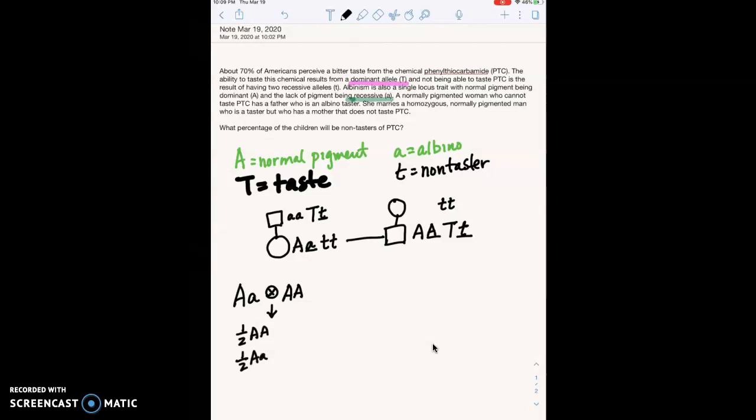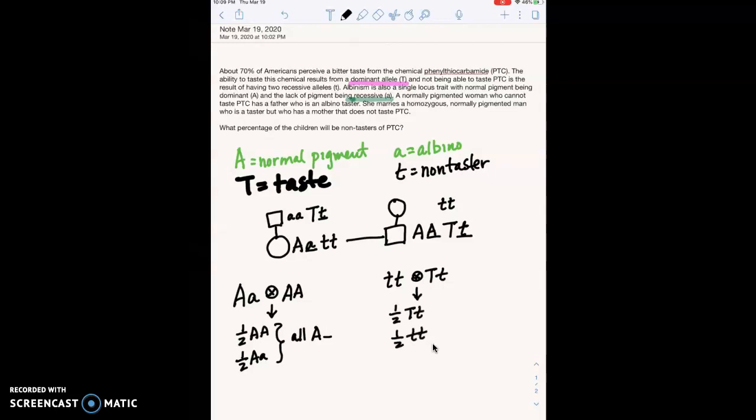But in reality, all of them have pigment. Okay, so I'm just going to say all big A something. All right. And then for the PTC, you have little t, little t times big T, little t. And so then I get 1/2 big T, little t, 1/2 little t, little t.